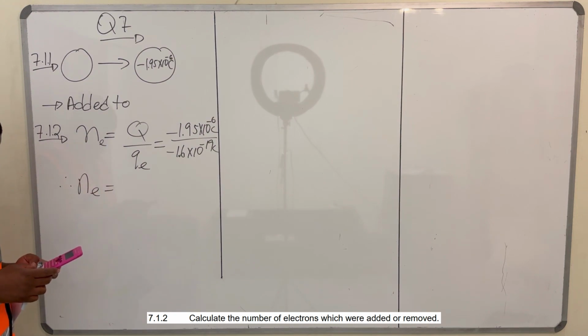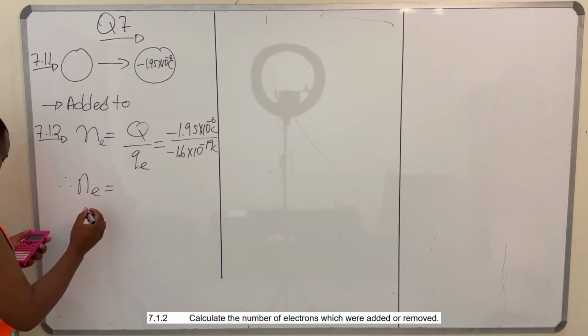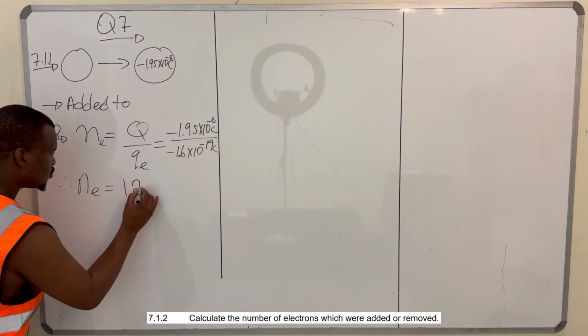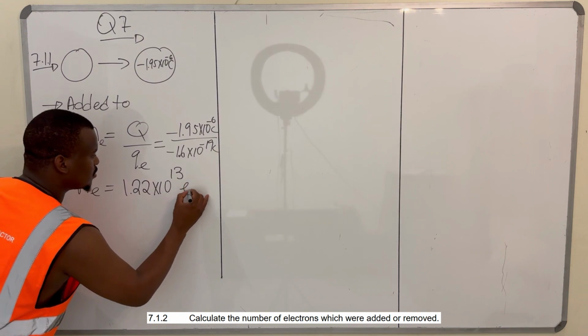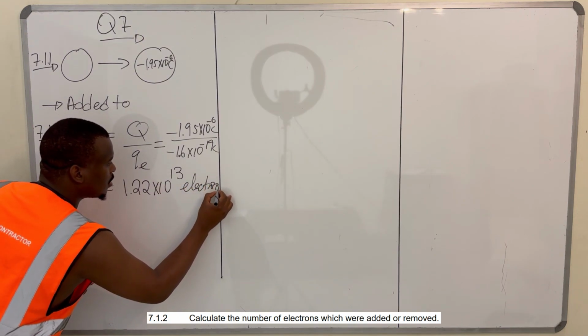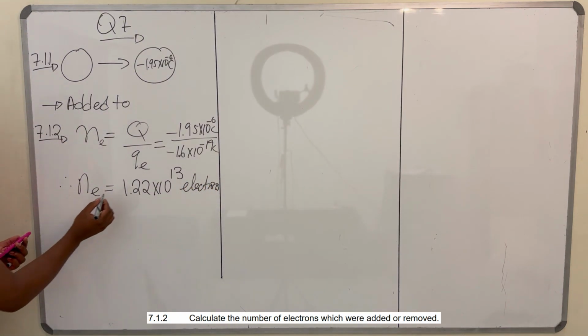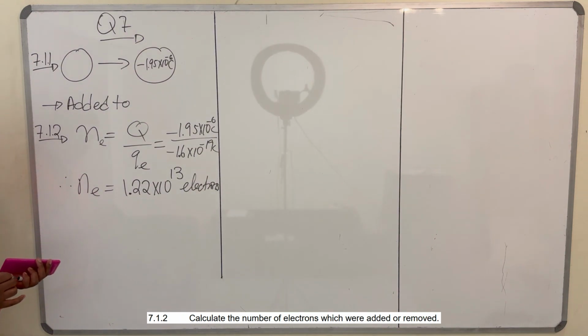You say minus 1.95 times 10 to the power minus 6 all over minus 1.6 times 10 to the power minus 19. So we are getting that the number of electrons is 1.22 times 10 to the power 13 electrons. So this is the number of electrons that were added to your sphere.